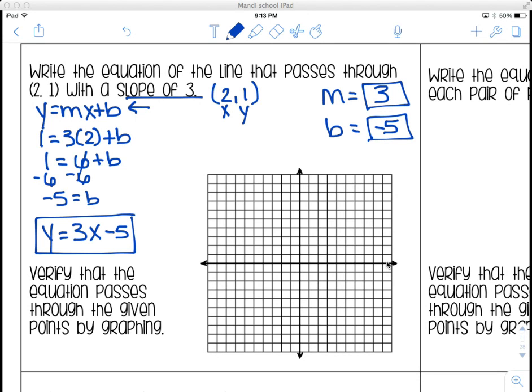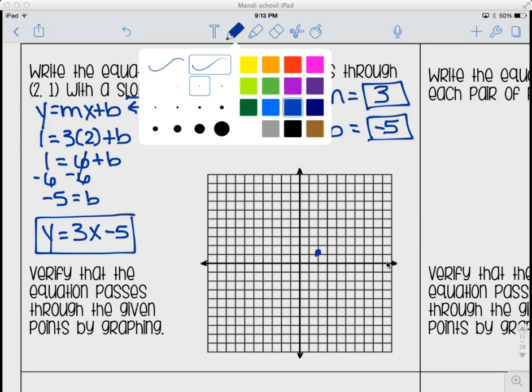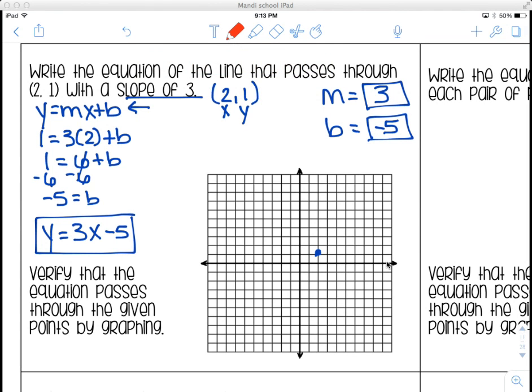Now it says to verify that the equation passes through the given points by graphing. So we are given 2, 1. So 2, 1 is right here. I'm going to change colors so we can make sure this happens. So to graph this, we're going to start at negative 5.